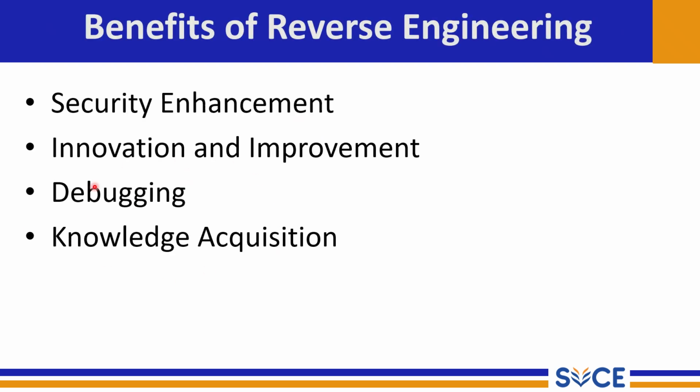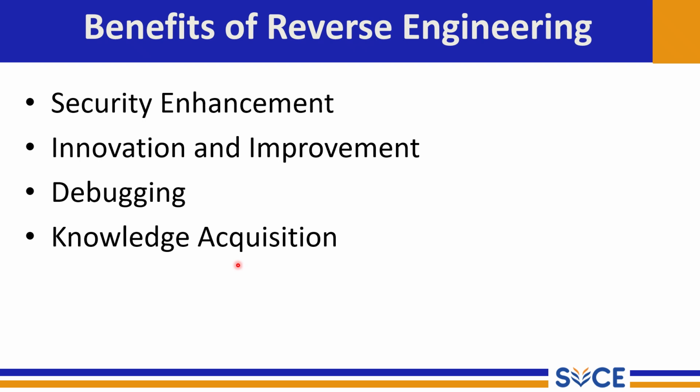Next, we will discuss the benefits of reverse engineering. First of all is security enhancement. Second, innovation and improvement. Third, debugging. And last, knowledge acquisition. Security enhancement helps to identify and fix vulnerabilities in software and systems.